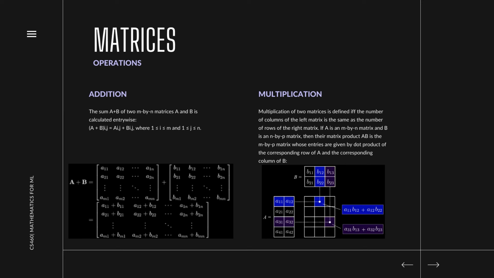We can see from the image below why the number of columns of A and the number of rows of B must be equal. And the final product has a dimension of number of rows in A and number of columns from B.